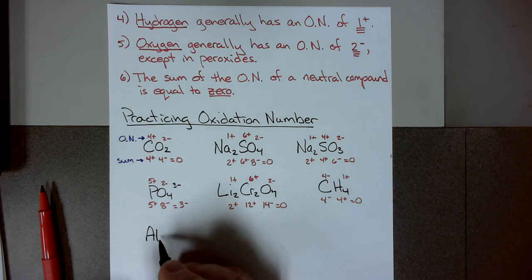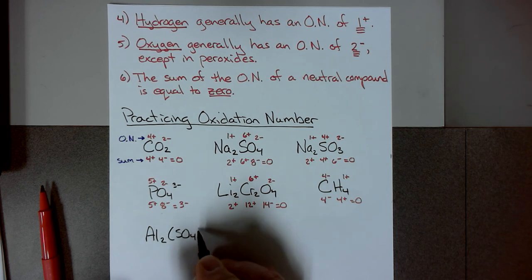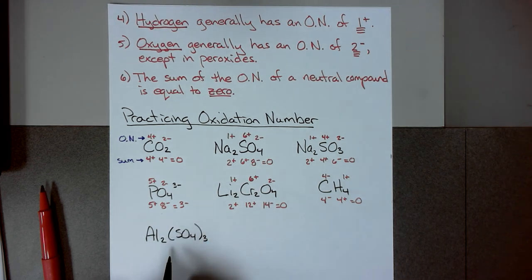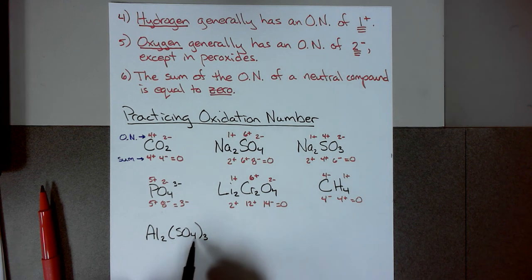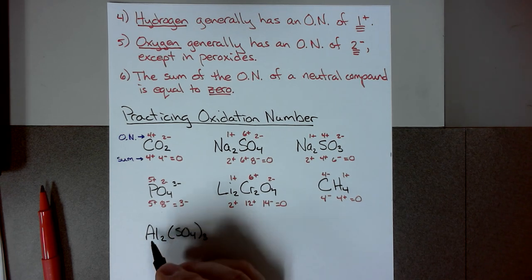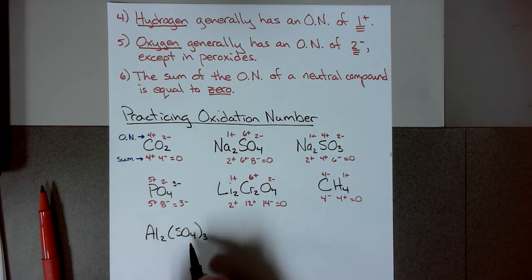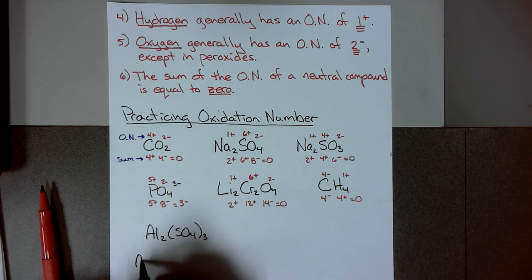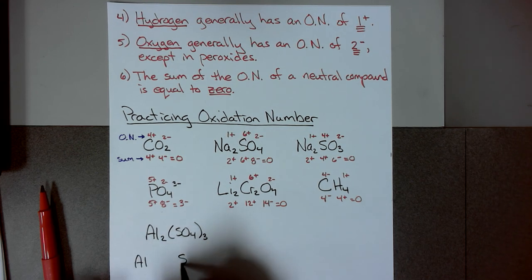So aluminum sulfate would be Al2(SO4)3. That's aluminum sulfate. Anytime you have multiple polyatomic ions, the best way to do it is to separate them and do the ions individually. So we would look at aluminum, and then we would look at SO4.